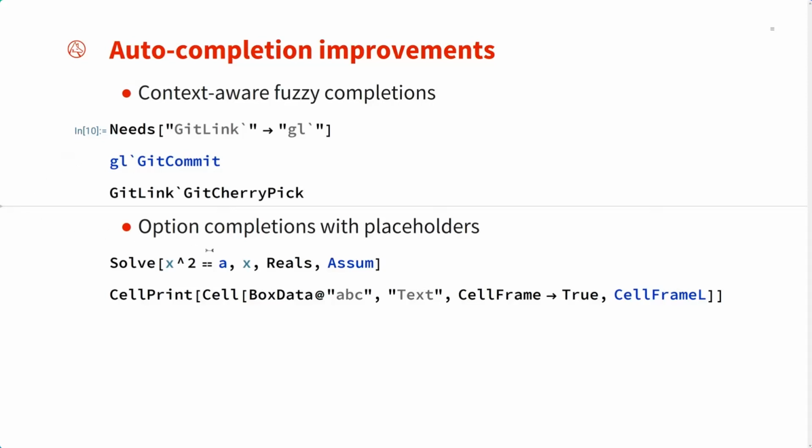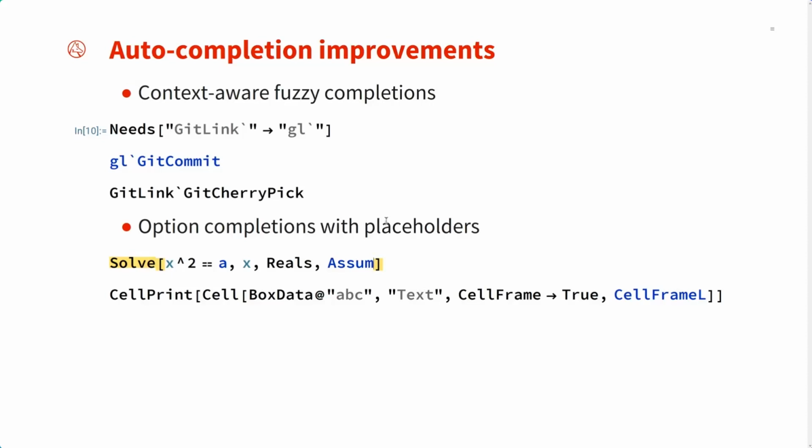We have lots of other completions as well, and one comparatively small but super nice thing that is coming in 14.2 is completions for options. We've already had this for option right hand sides, where we show some recommended things that you might want to do.